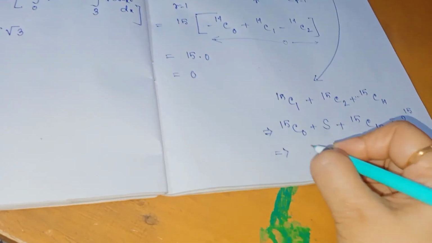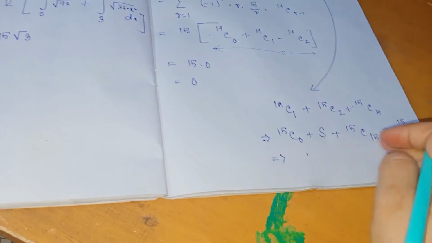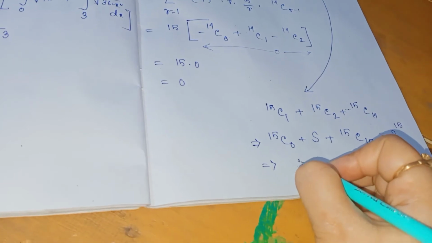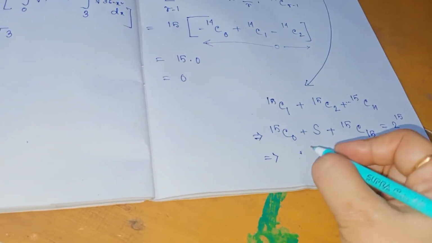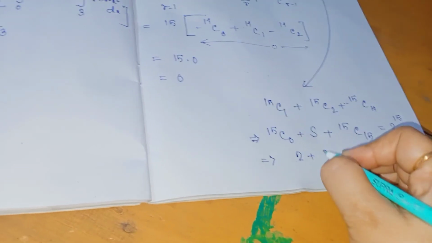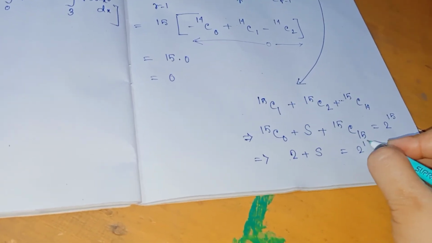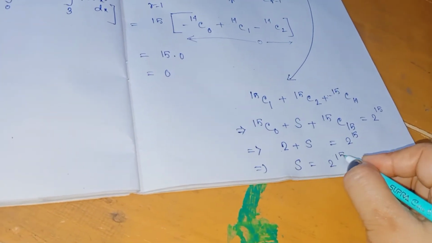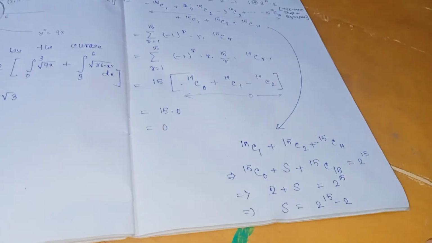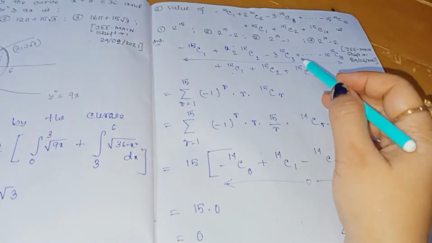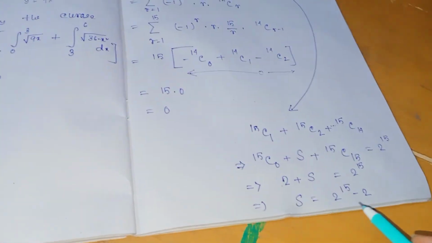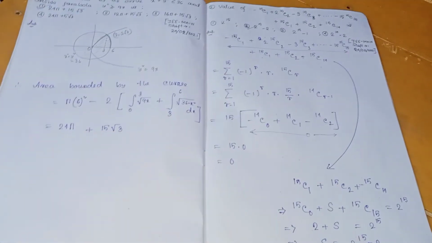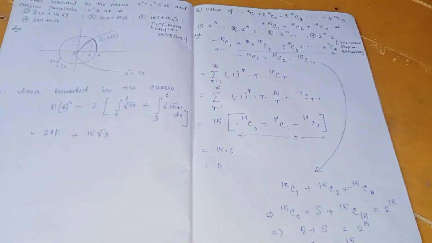So this and this make 2 plus S, equal to 2 to the power 15. That implies S is equal to 2 to the power 15 minus 2. So our required answer is 2 to the power 15 minus 2. Option 2 is our correct choice. So here is the solution of question 2.